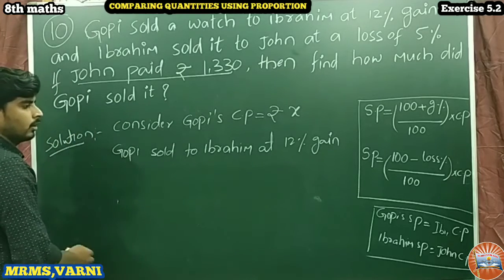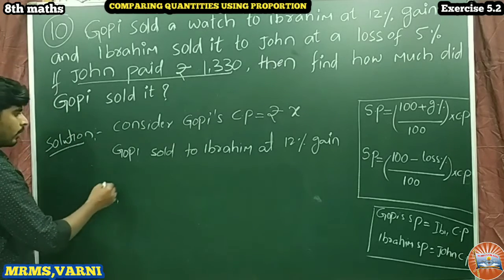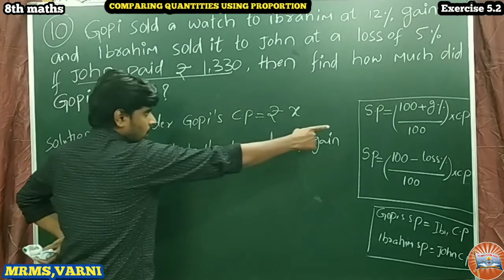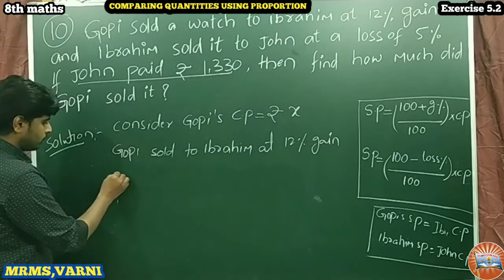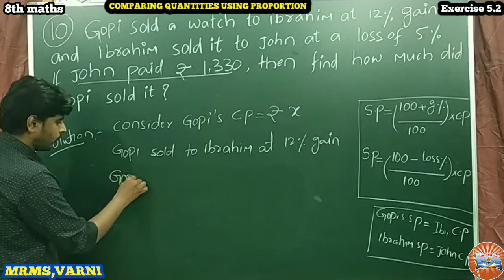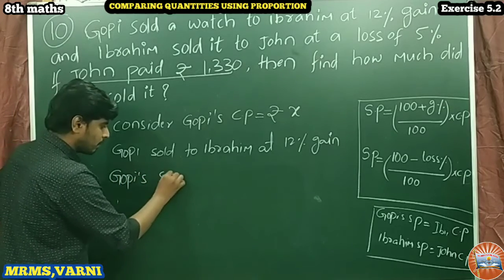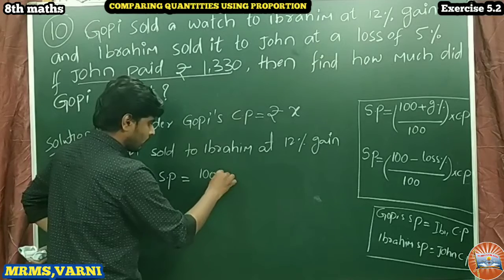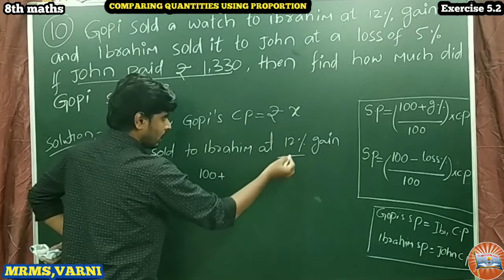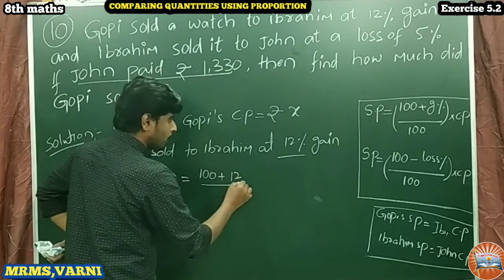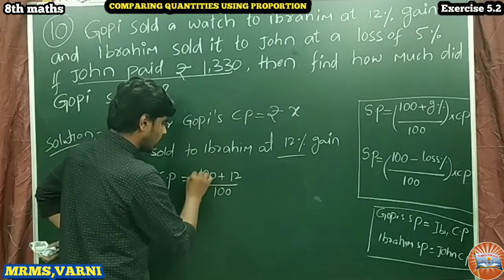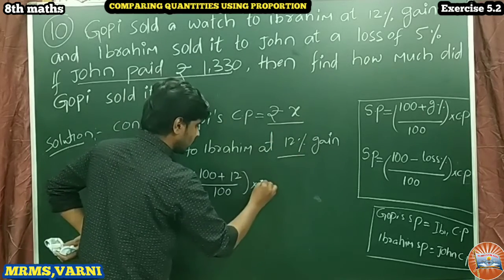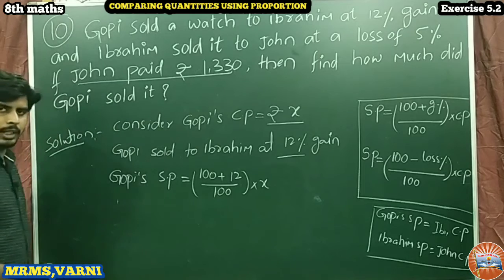Let's see here. So we have to find the SP of Gopi first with the use of this formula. Gopi's SP is equals to, what is that formula? 100 plus, what is G percent given? It is 12 by 100 into CP. What is CP? That is X. Clear?